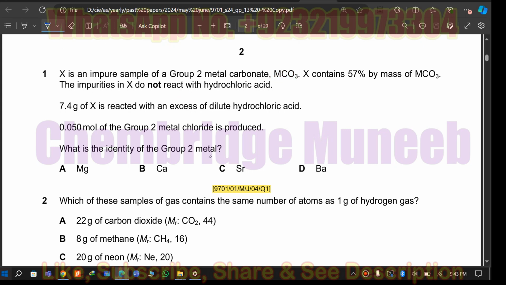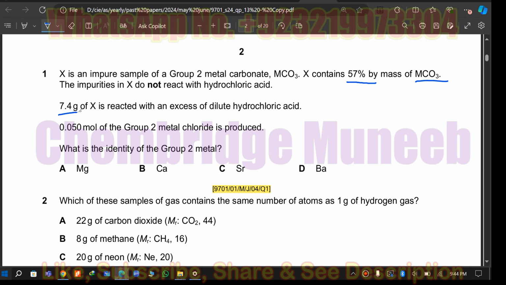So let's start with it. First of all, we are provided with the percentage value of the MCO3. So we can use this value to determine the mass of the MCO3 compound which is present in the impure sample.